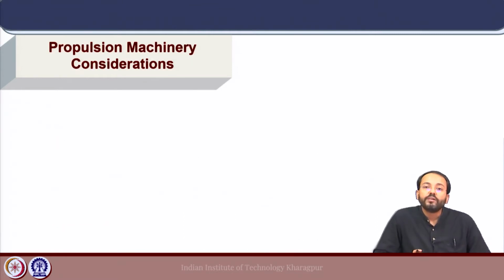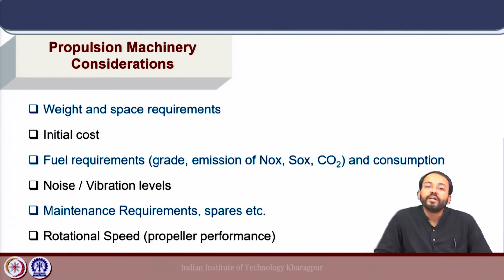Now, what are the considerations which are taken into account for choosing a particular propulsion plant for a ship? The primary consideration is the weight and space requirement, which is very important for specific vessel types.